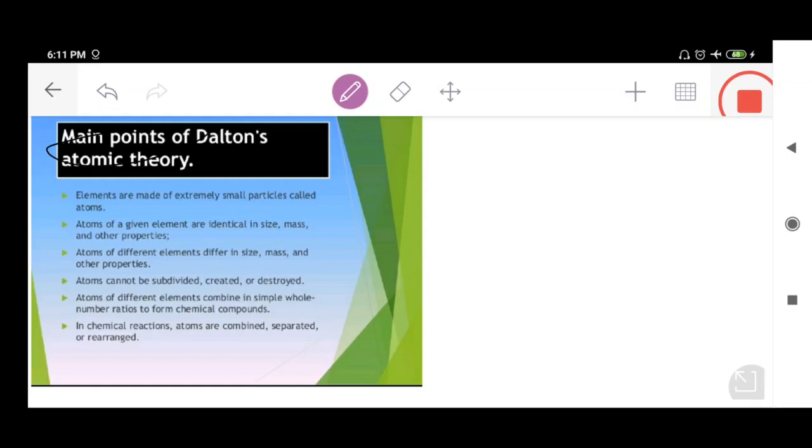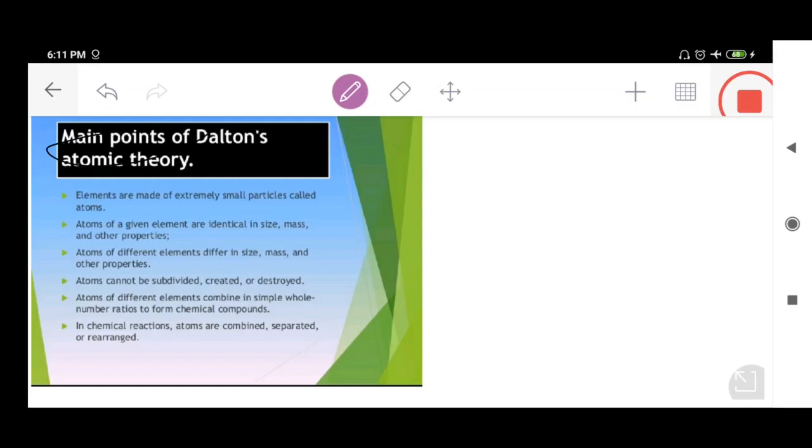I am recapitulating this so as to make you understand the nitty-gritty of Dalton's atomic theory. So in the 6th century BC, Greek philosophers Leucippus, Democritus and Epicurus suggested that subdivision of matter is possible.